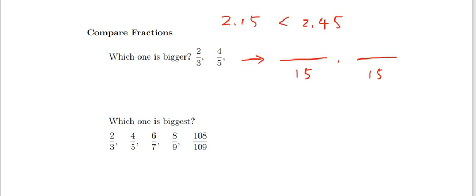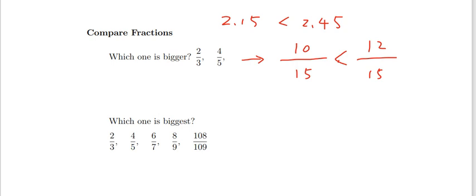So 2 over 3: if the denominator becomes 15, we multiply by 5, so this becomes 10, right? And 4 over 5: here we multiply by 3, so this becomes 12. So then we can say, oh, this is bigger, this is larger.